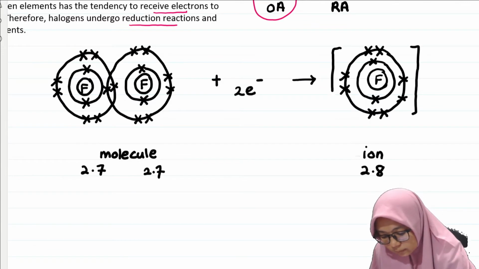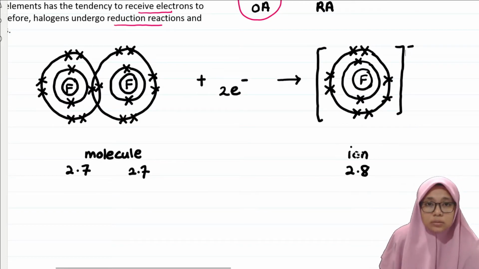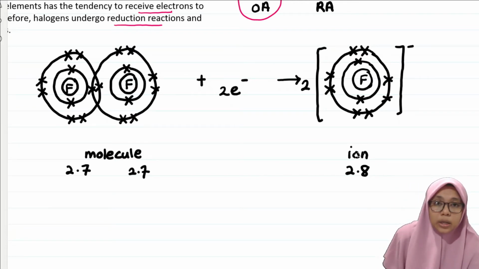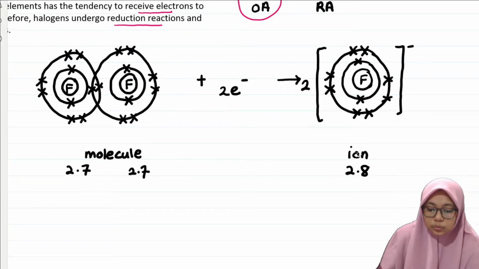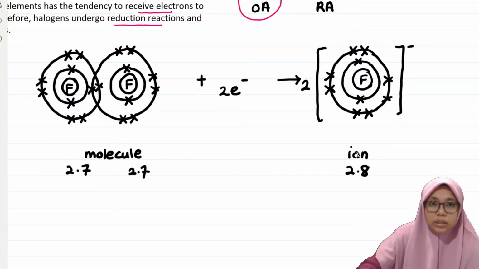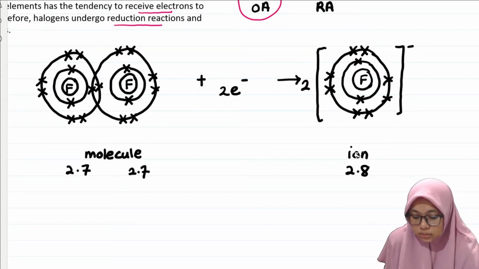The ion has 1 negative charge. Because we have 2 fluorine atoms, you should have 2 fluoride ions. So saya letak 2 tu untuk menunjukkan ada 2 fluoride ion tu. Or you can also draw another fluoride ion at the back of the first fluoride ion. So either one can be accepted.